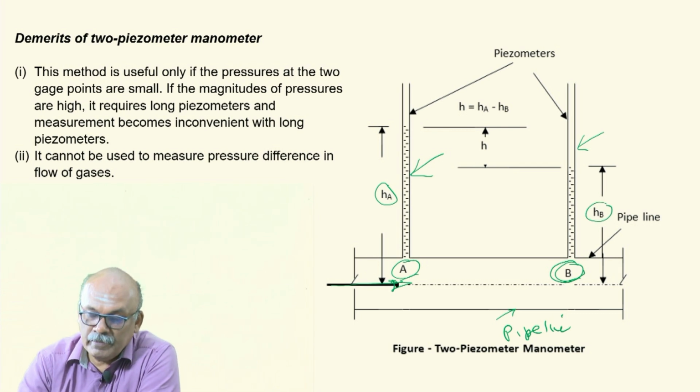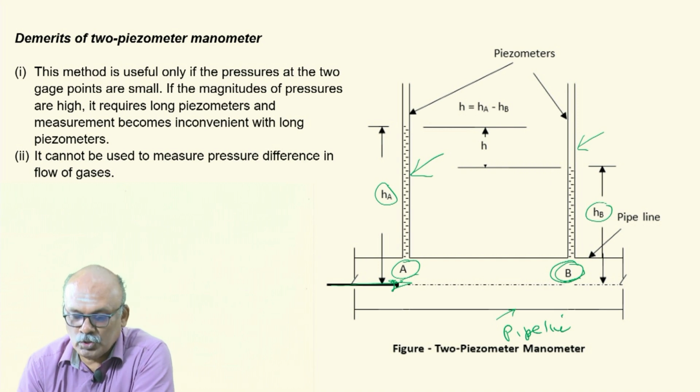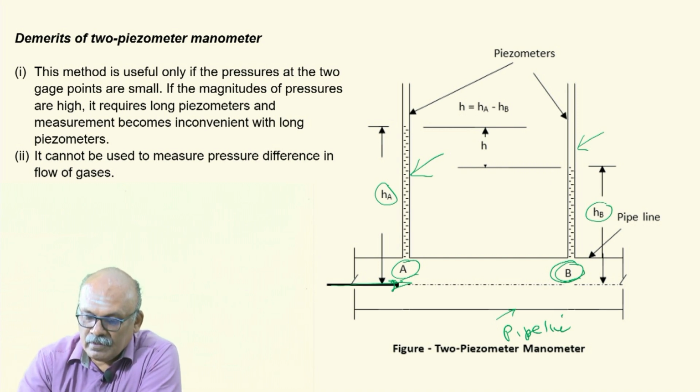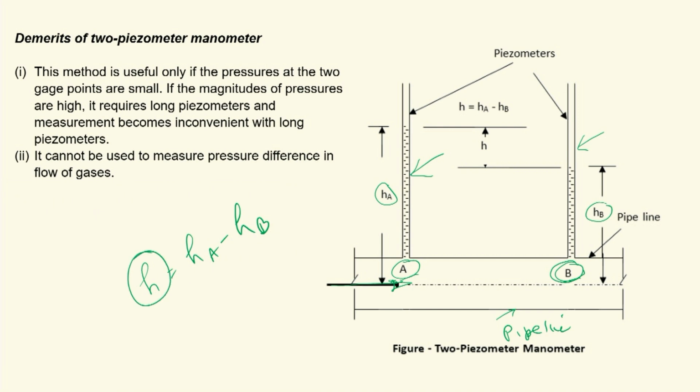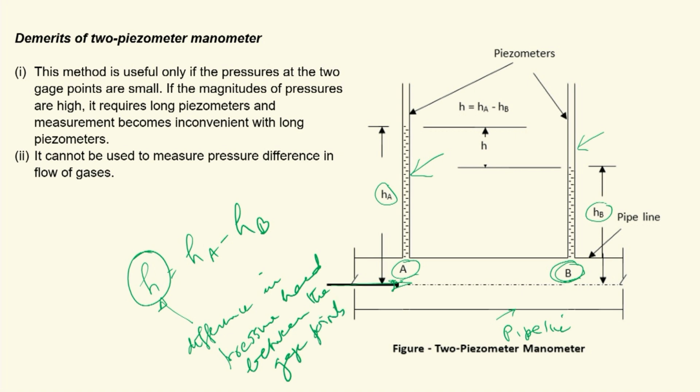HB will always be less than HA because the flow direction is from A to B. So this difference in levels of the free surfaces in the two piezometers, that is H equal to HA minus HB, gives the difference in pressure head between the gauge points A and B.